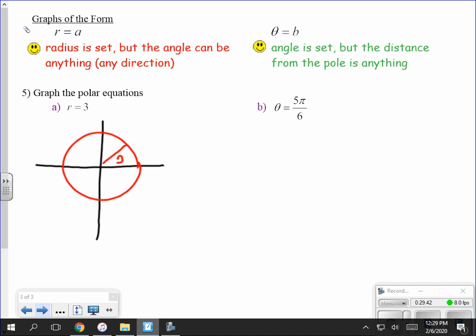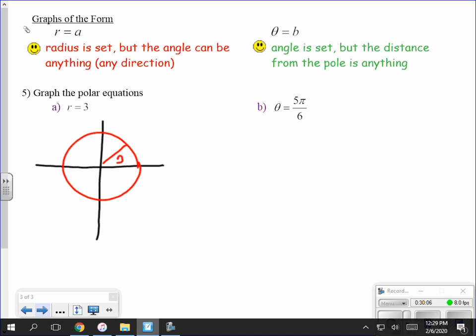Theta equals some value b. In other words, no radius is given. The angle is set, but the distance from the pole is anything. Okay. First one, radius is set, but the angles vary. We get a circle.